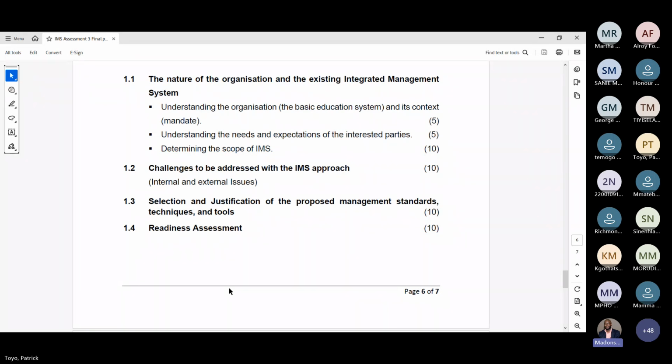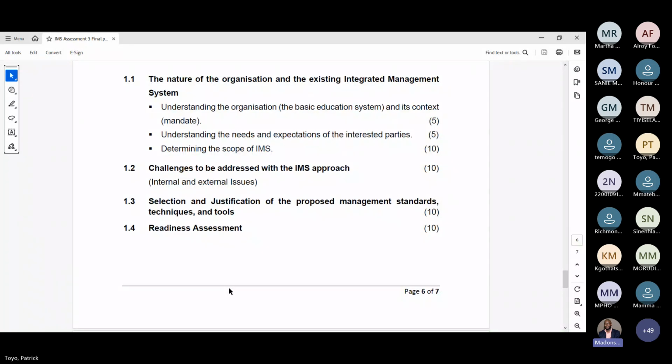For example, if there is no common understanding between the leadership of these schools and the teachers in terms of what a quality management system is, because studies suggest that oftentimes there is a lack of common understanding between top management and the workforce in terms of quality management systems.